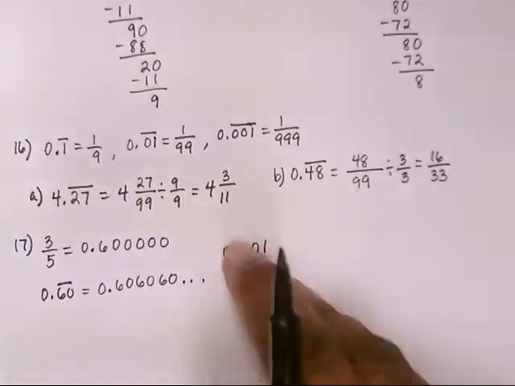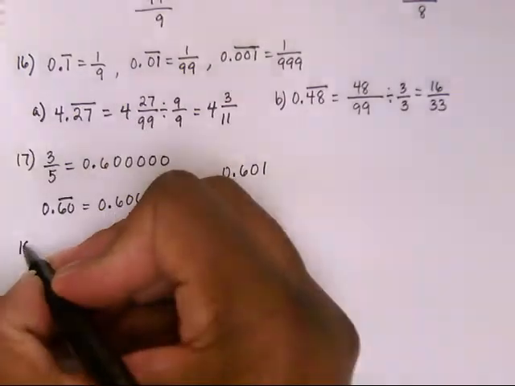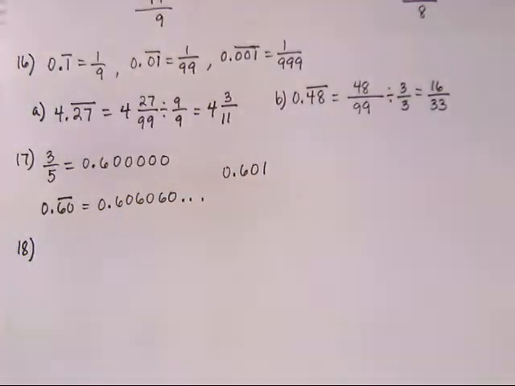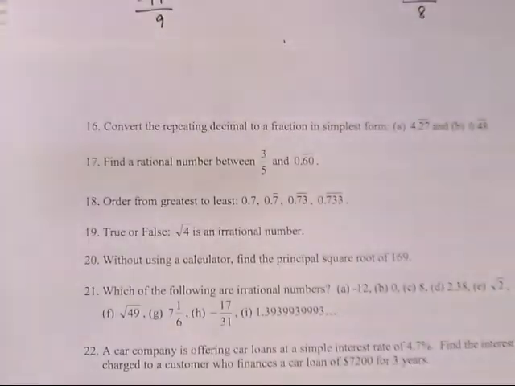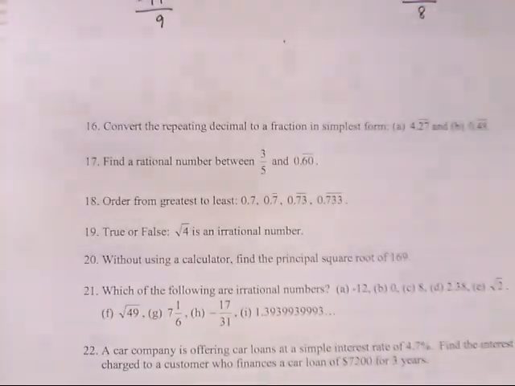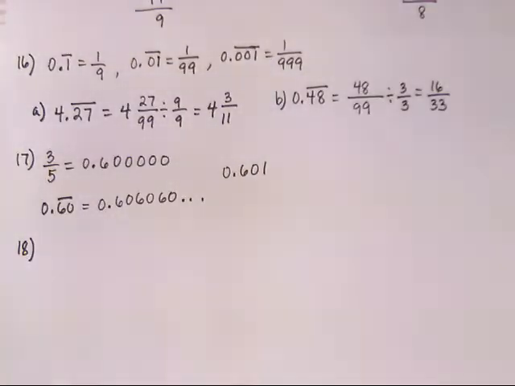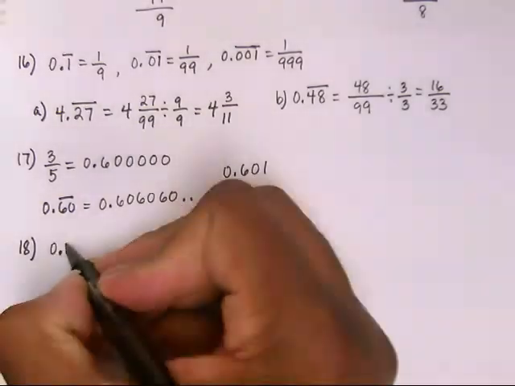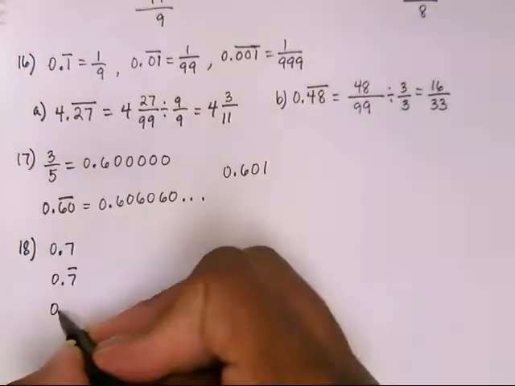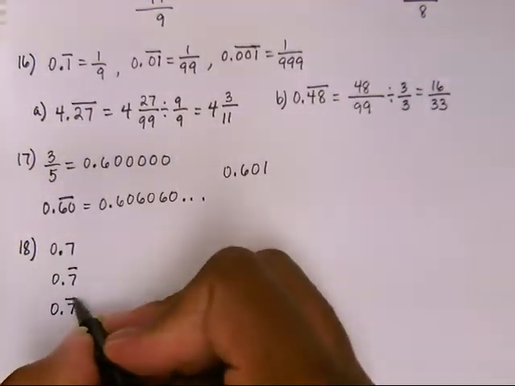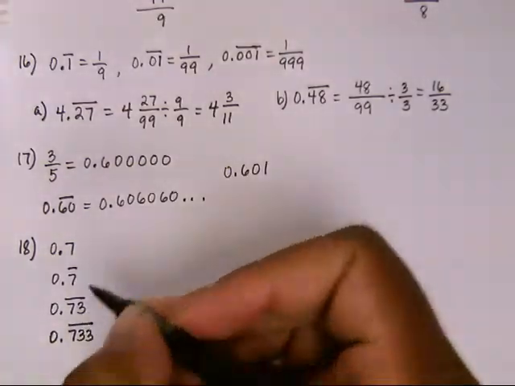Alright, number 18. I think that's ordering numbers from greatest to least. 0.7, 0.7 repeating, 0.73 repeating, 0.733 repeating. Now line these up: 0.7, then 0.7 with a bar, 0.73, the bar is on both, 0.733, the bar is on all three.